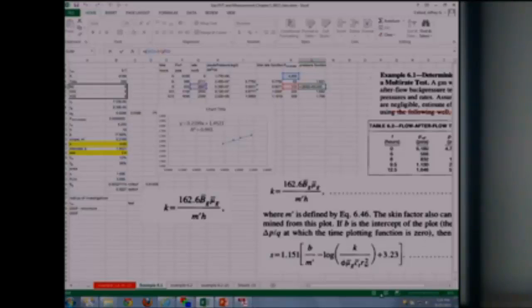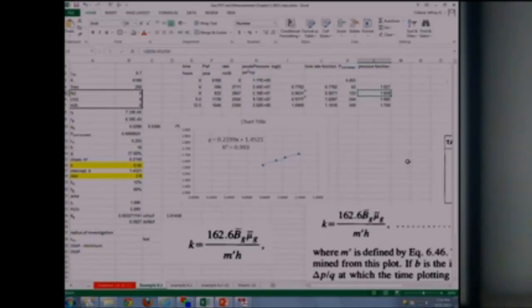Let me zoom in, you guys forgot to remind me. The pressure function's the same. It's PI minus the current pressure, which is always going to be the same for a current problem. There's no change in the bottom hole flowing pressure, over Q. So the pressure function's the same.